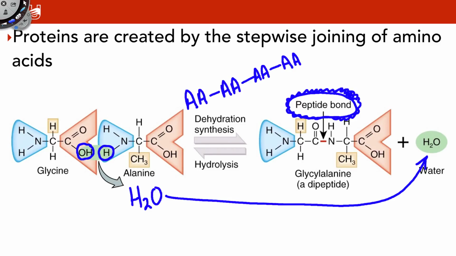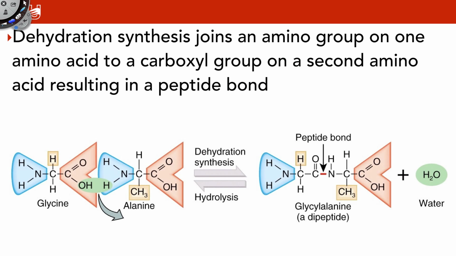Okay, but again, it is all just several dehydration syntheses or condensation reactions stacked on top of one another. And this is something you have to know: that peptide bond connects two separate amino acids to one another. All right, and again, dehydration synthesis, same thing as we have stated before.